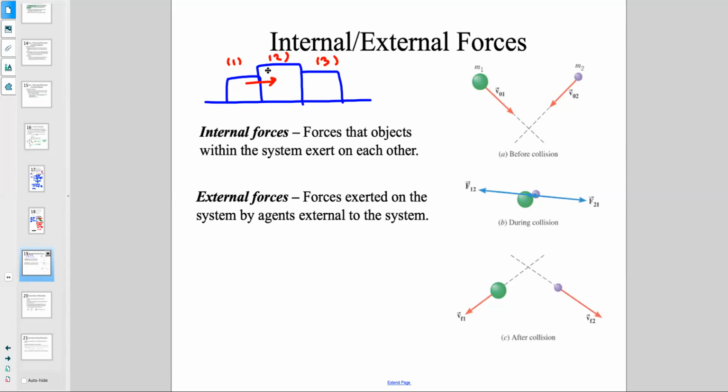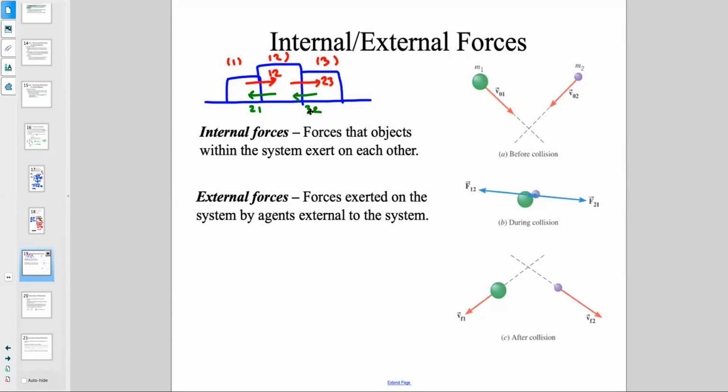So this would be the force from 1 to 2, and this would be the force from 2 to 3. I would have a force from 2 to 1 and a force from 3 to 2. But these are all internal forces, like the force being applied from box 2 to box 3. These are action-reaction pairs, and they will always cancel out. So internal forces are the forces objects within the system exert on one another.